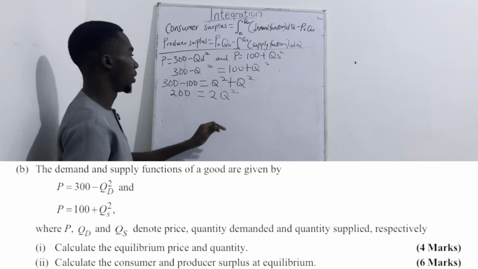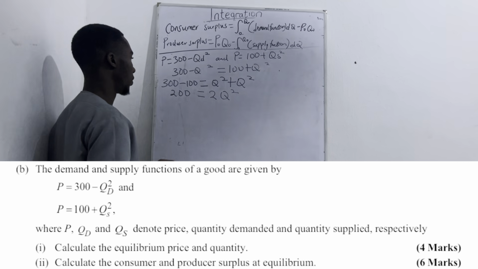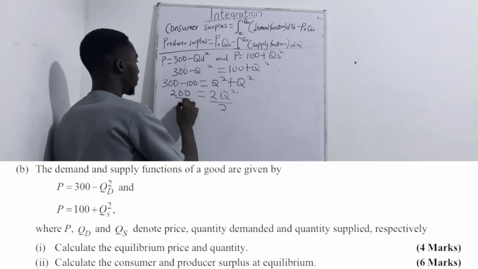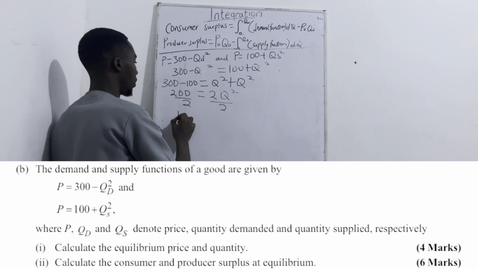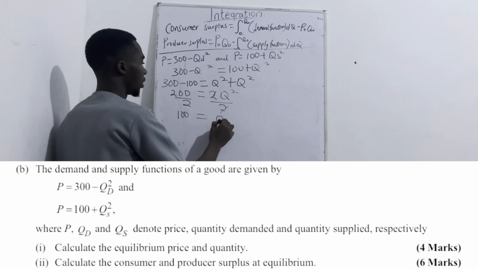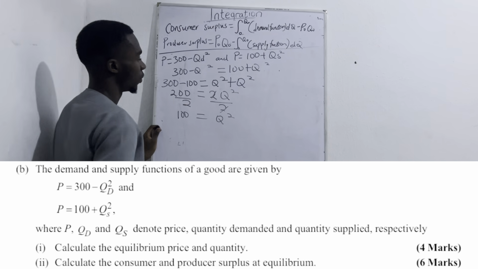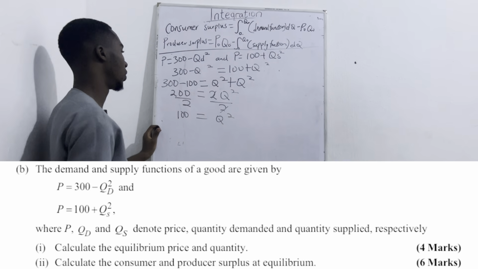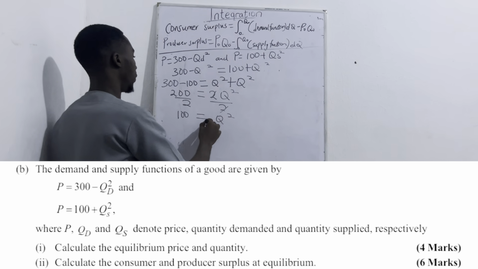Our objective is to make Q the subject, so I find the equilibrium quantity. So we can divide both sides by 2. 200 over 2 is 100, equal to Q squared, since the 2 cancels the 2. You don't want Q squared, you want Q, the equilibrium quantity. So you take the root of both sides.